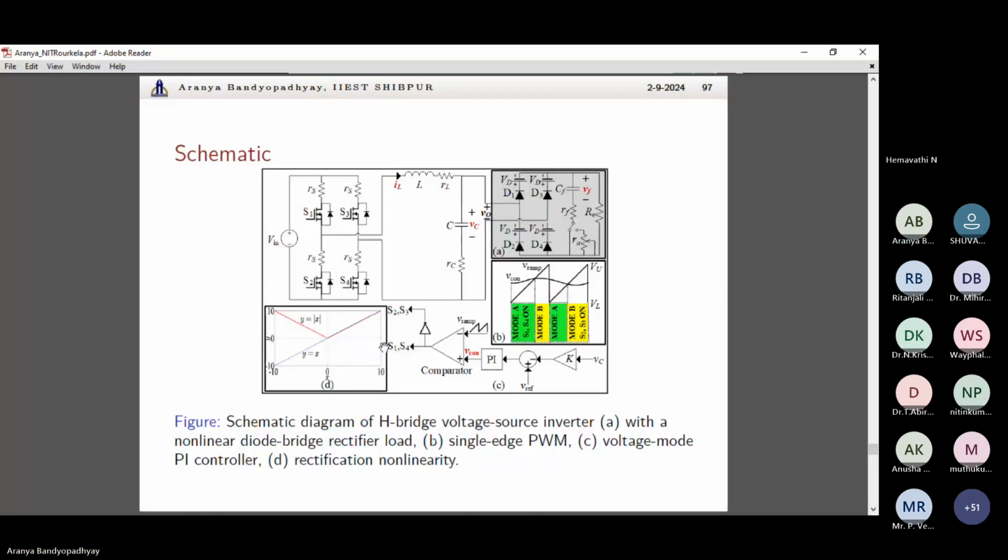See, this is the basic, on the upper right hand side, I would say, non-linear diode rectifier bridge load, and these would basically incorporate a very weak type of non-linearity at 50 Hz, because diodes are basically switching at 50 Hz, not the switching frequency.